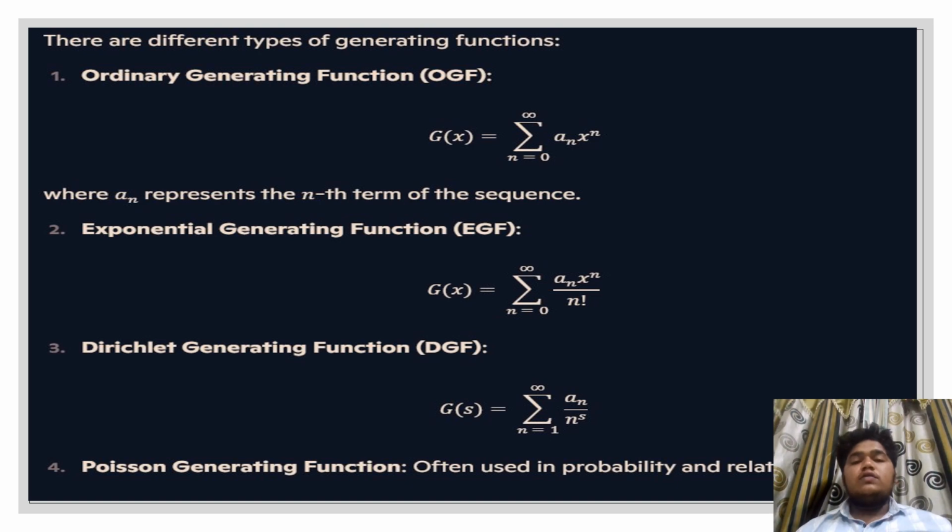OGF: g(x) = sigma from n = 0 to infinity of a_n x^n, where a_n represents the nth term of the sequence. EGF: g(x) = sigma from n = 0 to infinity of a_n x^n / n!. DGF: g(s) = sigma from n = 1 to infinity of a_n / n^s. Probability generating functions are often used in probability and related areas.